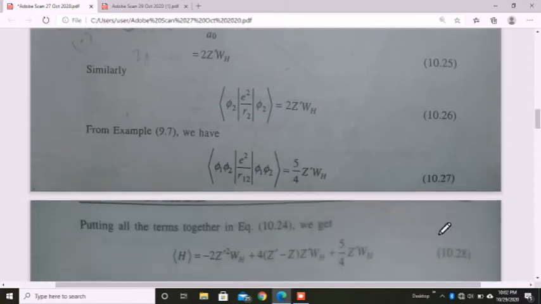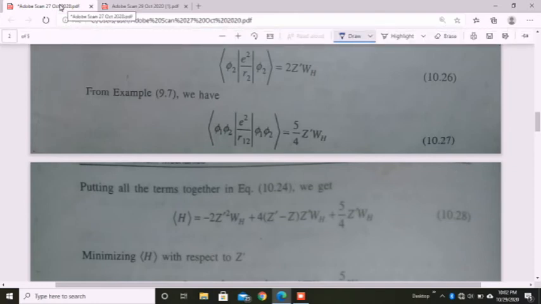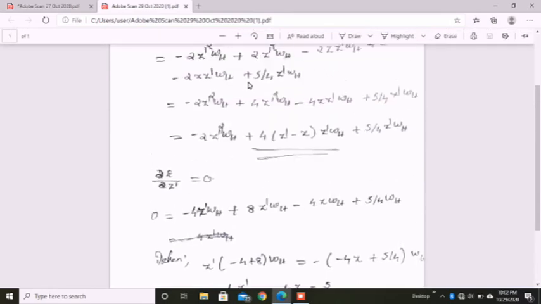Here we use the standard integral form. Then we get 2 Z prime WH. Then phi2 e squared by r2 phi2 is equal to 2 Z prime WH. Then phi1 phi2, e squared by r12, phi1 phi2 is equal to 5 by 4 Z prime WH.